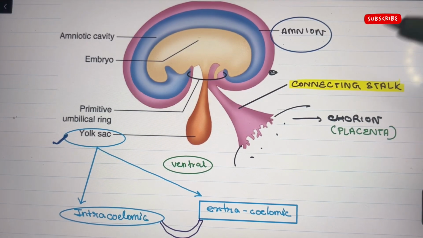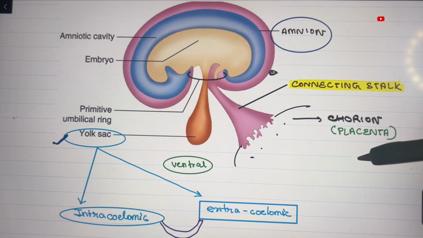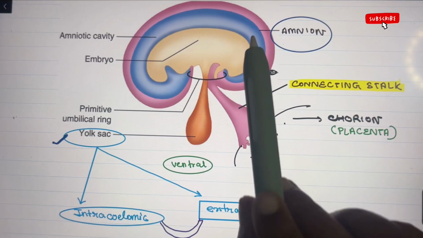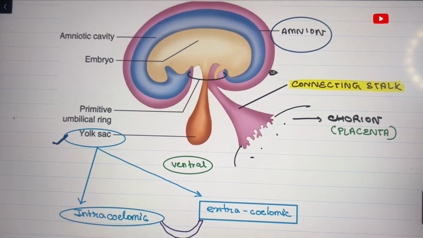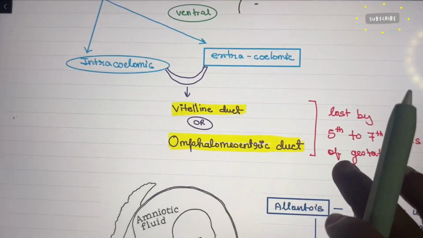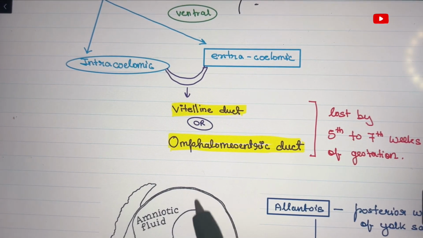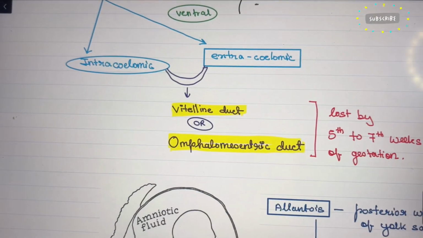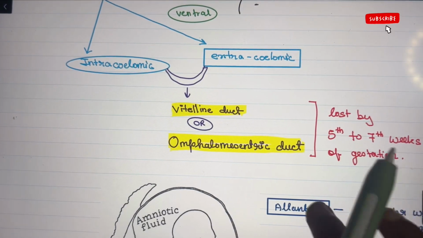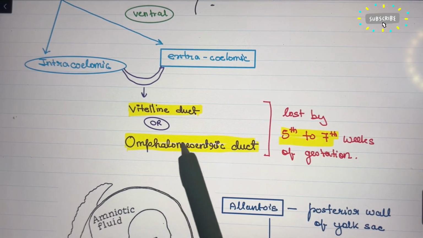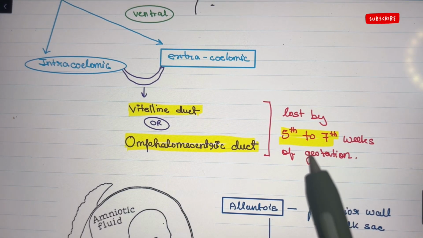Amnion and chorion, which is placenta chorion, is connected by connecting stalk. Yolk sac is present ventrally, amnion is present dorsally. Yolk sac have two parts, intracoelomic and extracoelomic, connected by Vitteline duct or omphalomesenteric duct. Generally, in normal neonate, by 5th to 7th week of gestation, this Vitteline duct gets obliterated.